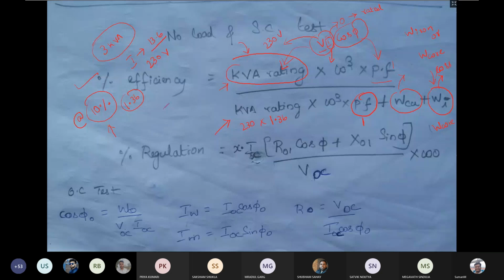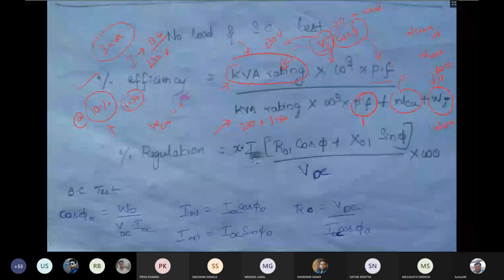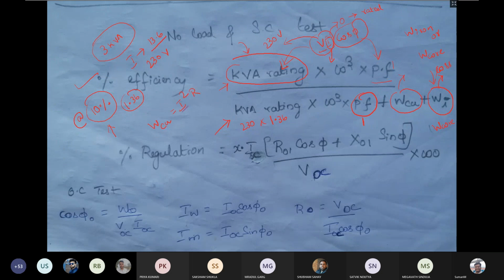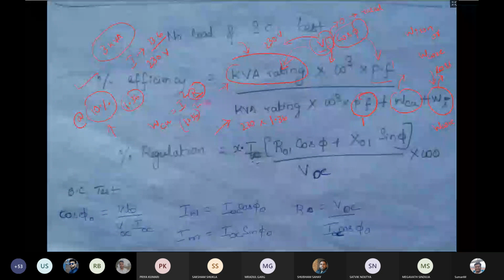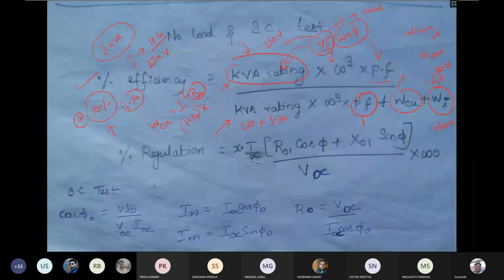The copper loss is equal to I square R. So whichever current you are considering, 1.36 square into this resistance, which is the series resistance we obtained in the short circuit test, that is R01. Substitute R01 and the value of I, and you can find the efficiency of the transformer at 10% of loading.